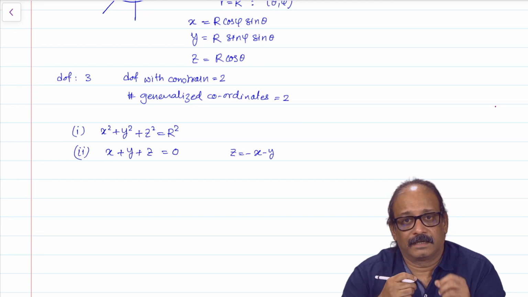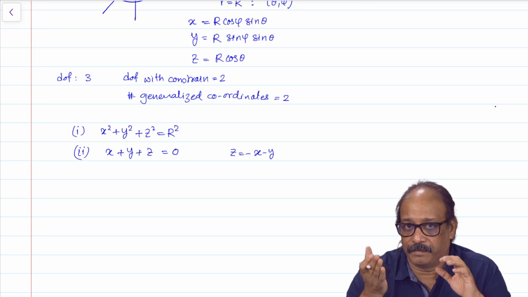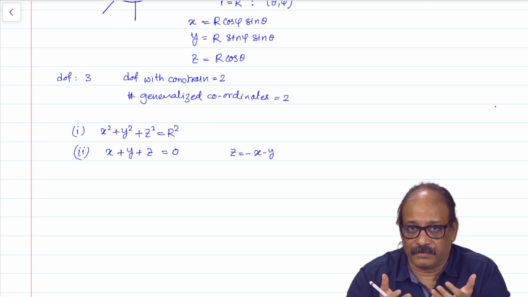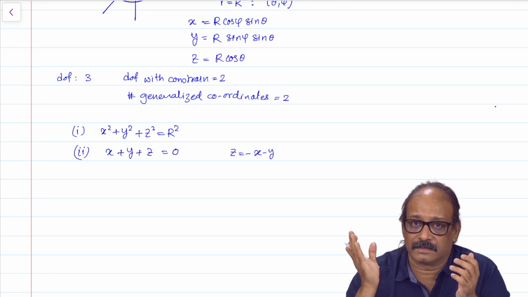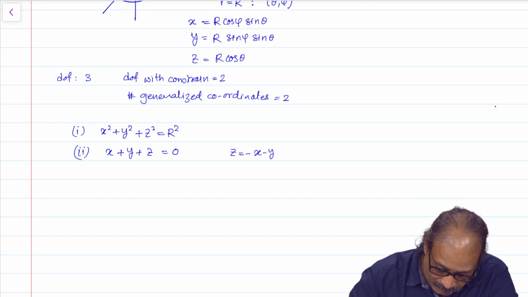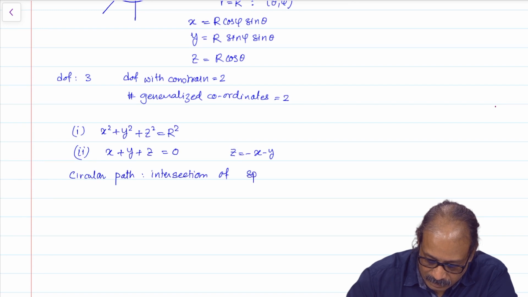Then of course, the particle is forced to move on an intersection of the plane and the sphere. So, the first constraint defines the surface of a sphere, the second constraint defines a plane, and the intersection of these two will be a circle. So, the circular path is the intersection of the sphere and the plane.